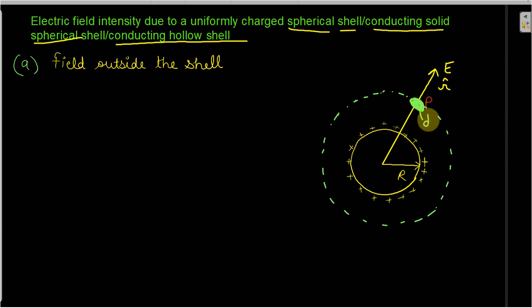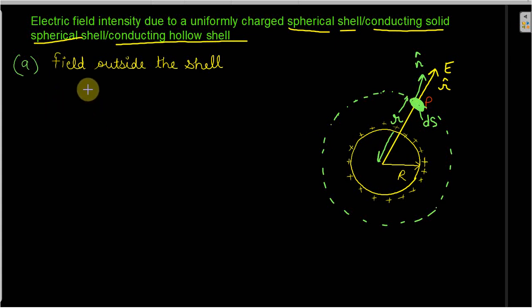Let the surface of this element be dS, and let n cap be the area vector of the dS element. So now we have to find the electric field, and we will apply Gauss law, and the radius of this imaginary Gaussian surface is r.